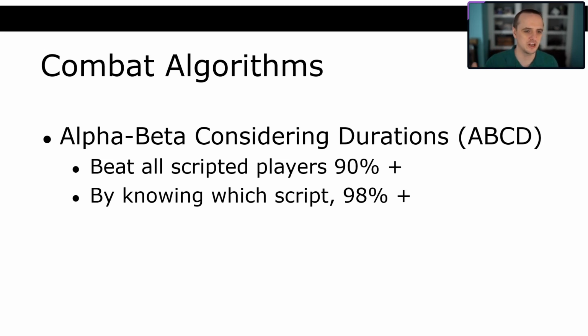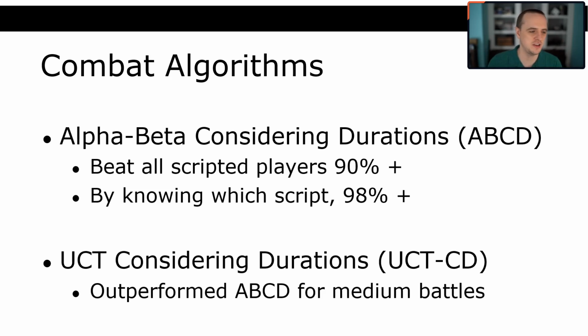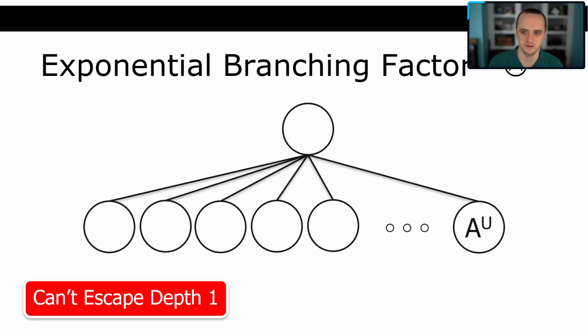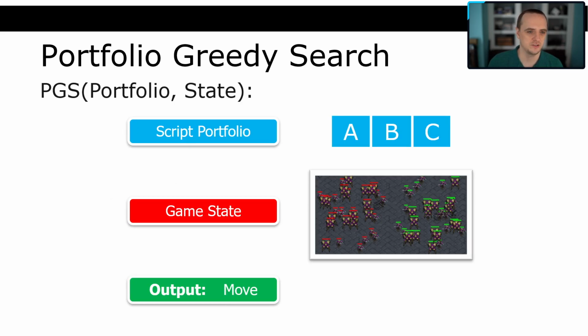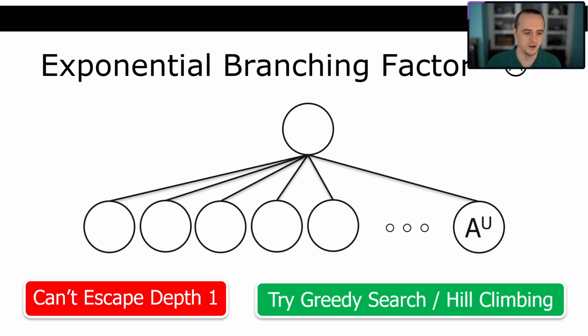So the search algorithm beat all the scripted players. It was really good. And UCT, which is a flavor of Monte Carlo tree search, outperformed ABCD. I won't get into this. Oh, I also did something else called portfolio greedy search. One of the issues with StarCraft search is that we have this exponential branching factor.